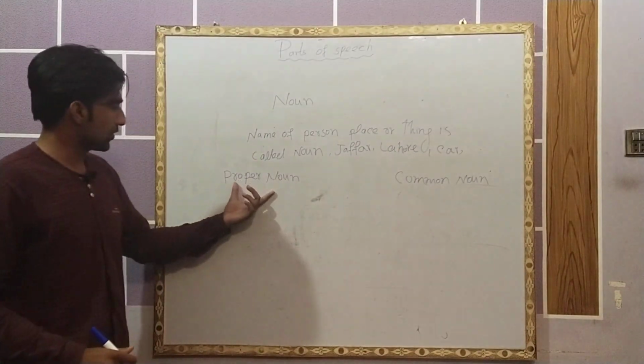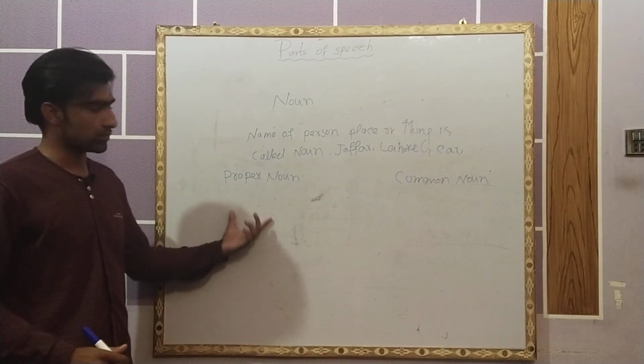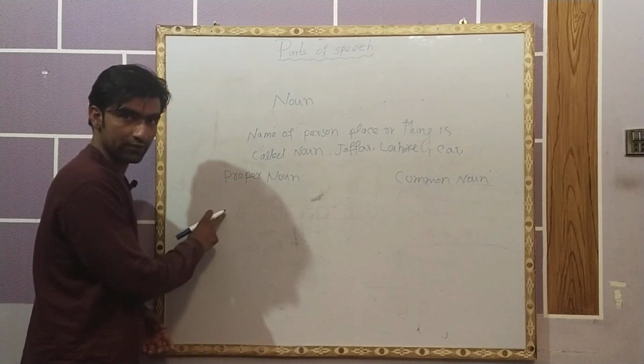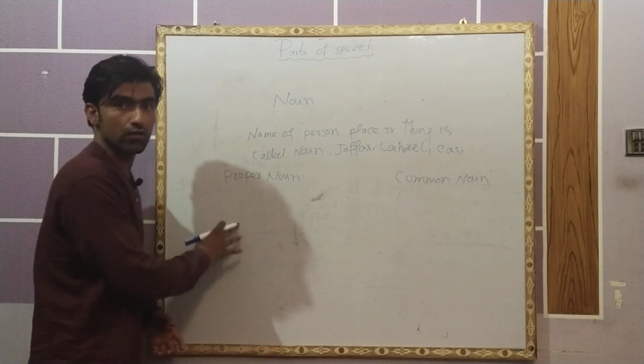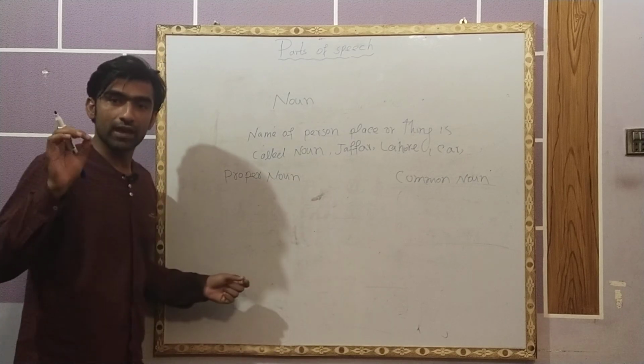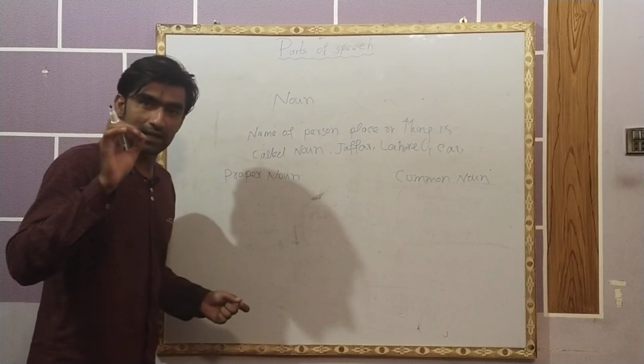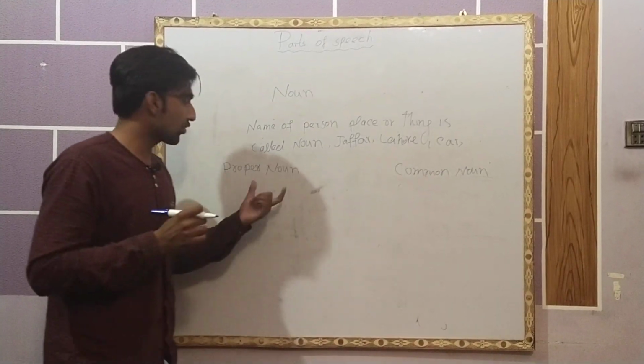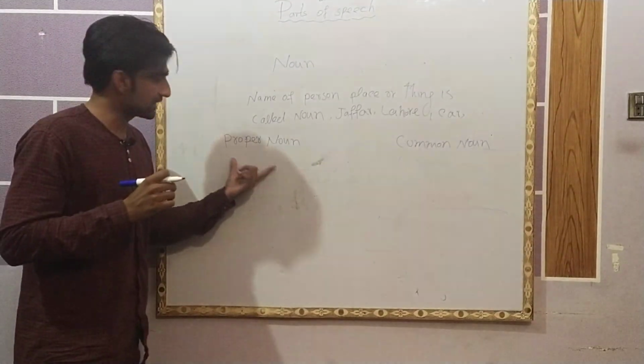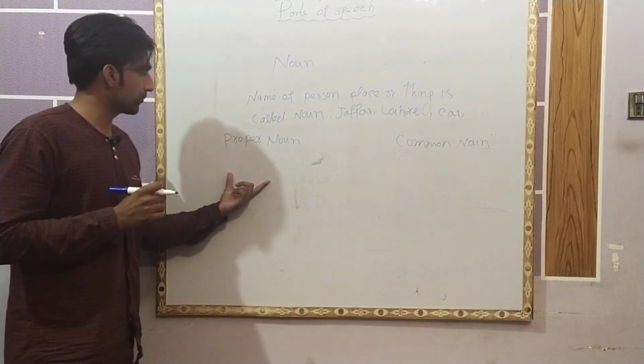Now let's discuss the proper noun. I write the definition here. The definition of proper noun is the name of any special thing. There is no common thing. The special things will come in the category of proper noun.